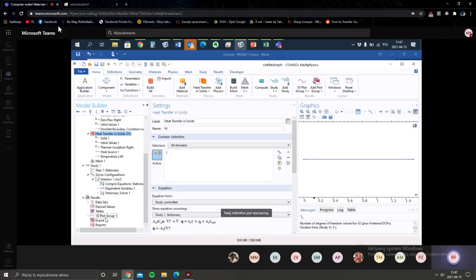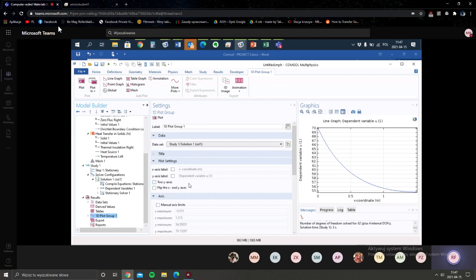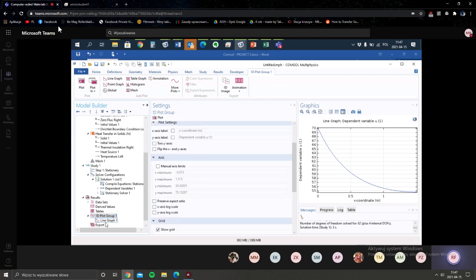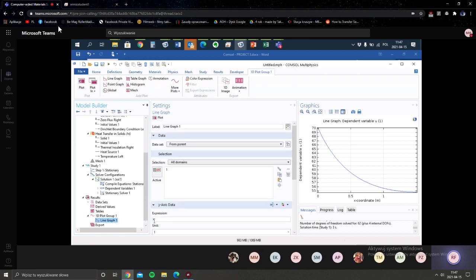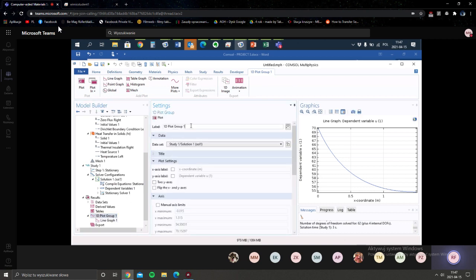So this first graph is, as you can see, this U, general form PDE.